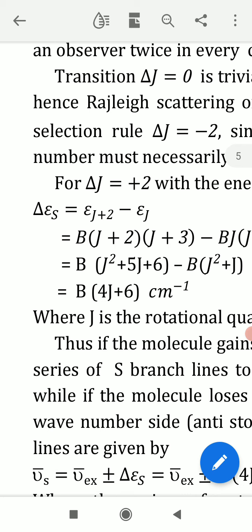For delta J equal to plus 2, we find S branch lines. So we write this change in energy delta E as delta E S. Delta E, change in energy for S branch lines when delta J is plus 2.